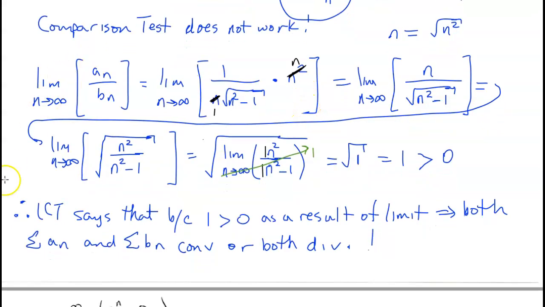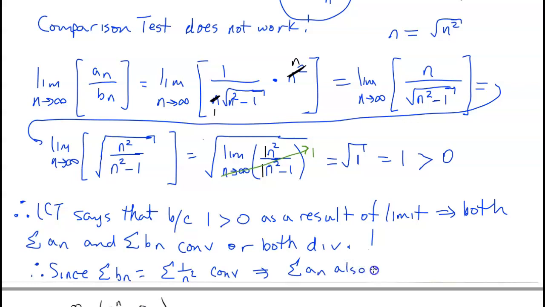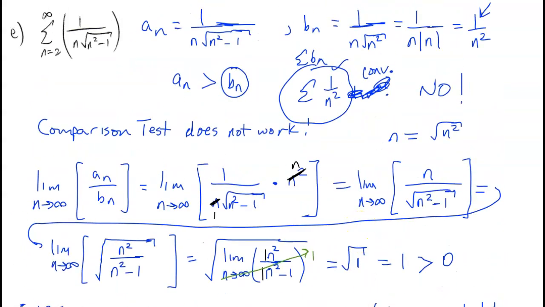So, therefore, since this series with b sub n, which looks like this, converges, this means that the series with the a sub n also converges. And thus, our final answer is that this particular series converges because of the limit comparison test.